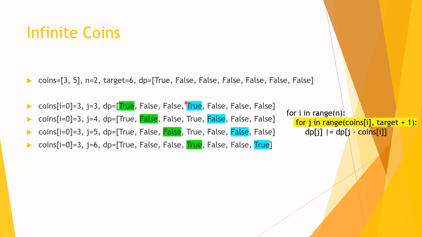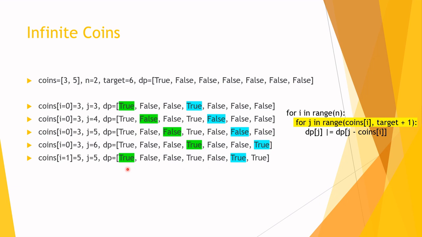This cyan color is J, and this green color will be representing J minus coins of I. So true or false is true, and similarly false or true is true. Now for coins I equals 1, we go from J equals 5 to 6.